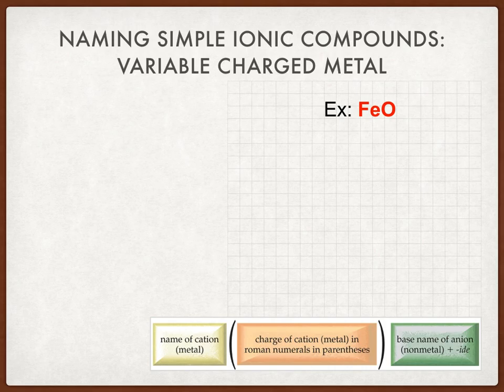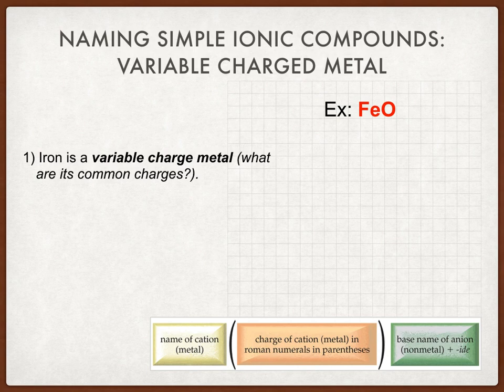Okay, so let's say you have to write out the name for this iron oxide complex. Remember, iron is a variable charge metal. So what are the common charges? We said it was +2 and +3. So which one is this one? To find its charge, you're going to look at the non-metal, right?